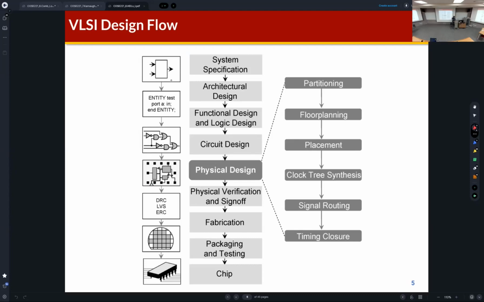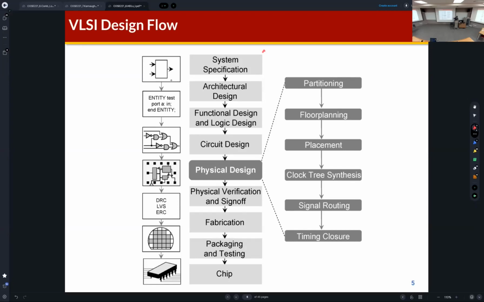The chip is implemented using CMOS transistors, MOS transistors, which are a product of semiconductor technology. It's silicon material, which means that we need to implement this large chip using silicon. This is the common design flow of the digital design. Firstly, we need to specify the system, and then we need to define the architecture.